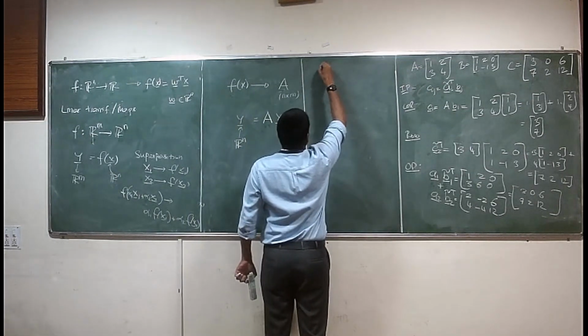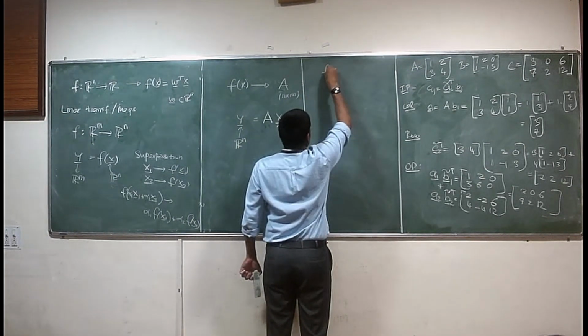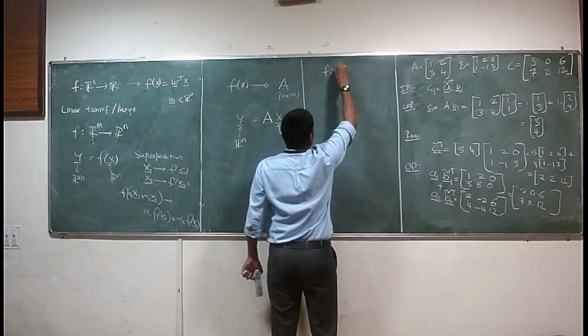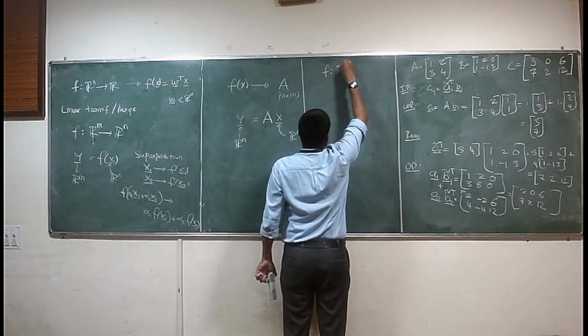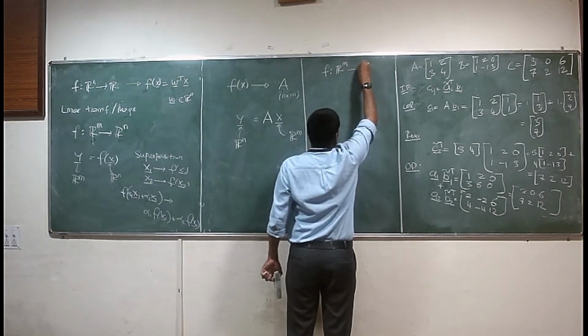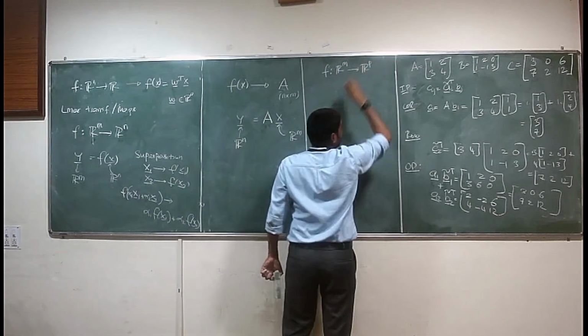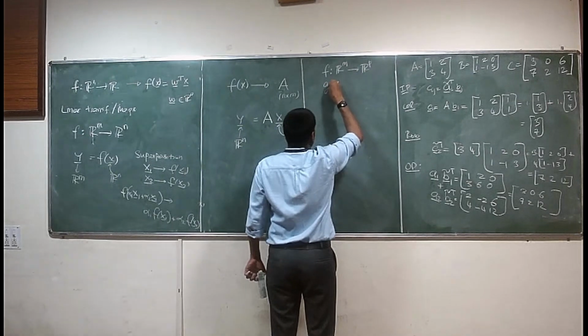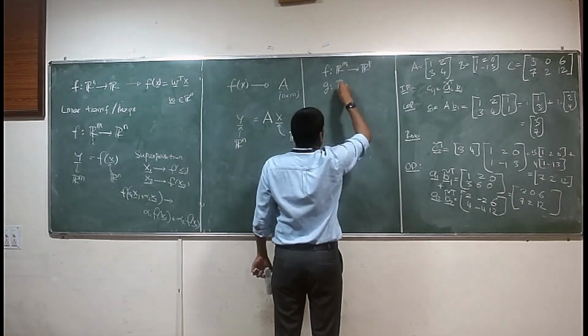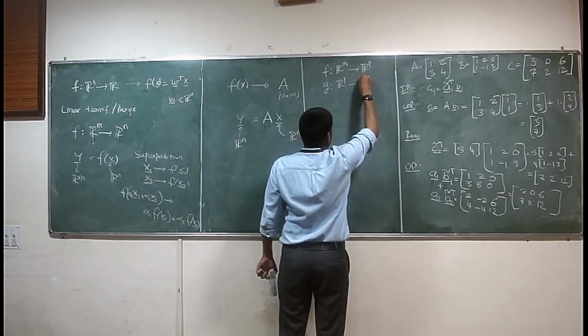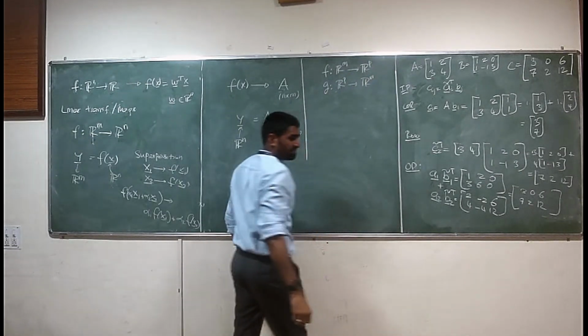Let's say we have two linear maps. F that is defined from Rm to Rp. We have another linear map G that is defined from Rp to Rn.